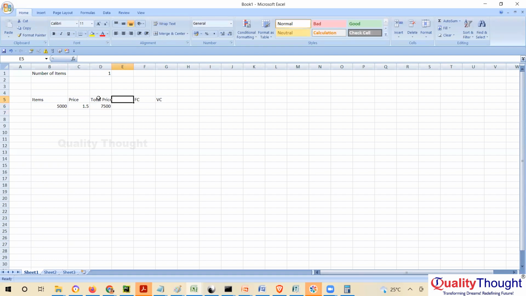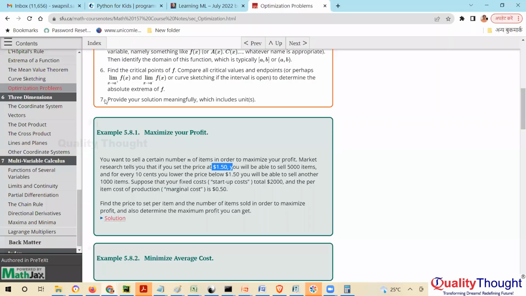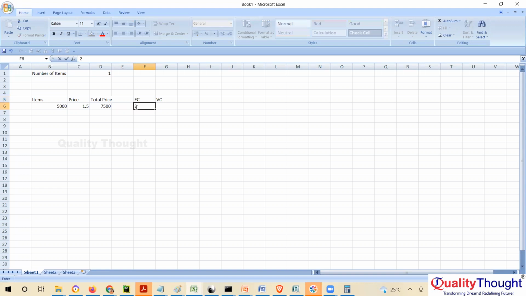Now this is your cost. Fixed cost. Suppose your fixed cost is 2,000 and the marginal cost is 0.5. So your fixed cost is 2,000, and variable cost is $0.5.